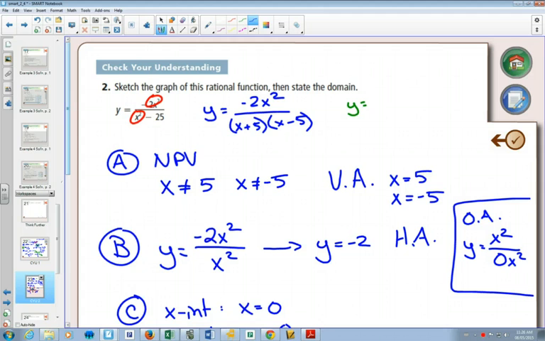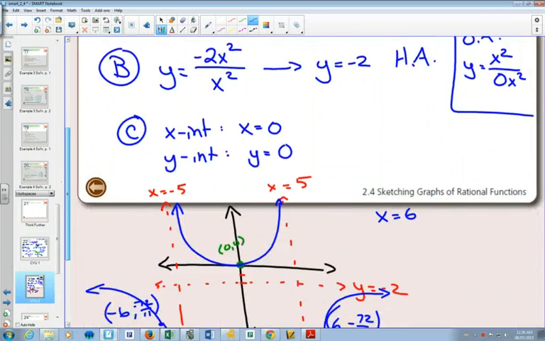That'll give you more data points to see what your graph is going to look like. So when I plug in 4, I'm going to get -2 times 16. On the bottom here, I'm going to get 9 and -1. So I'm going to get -32 divided by -9, which is roughly 3 and a bit.